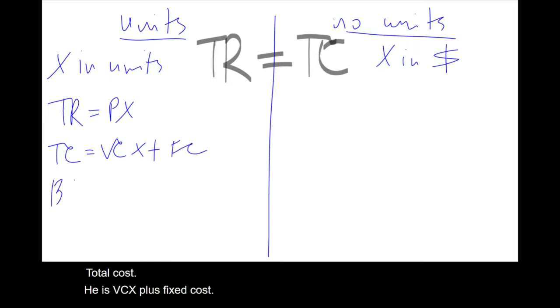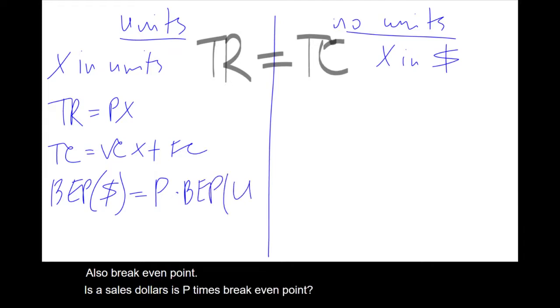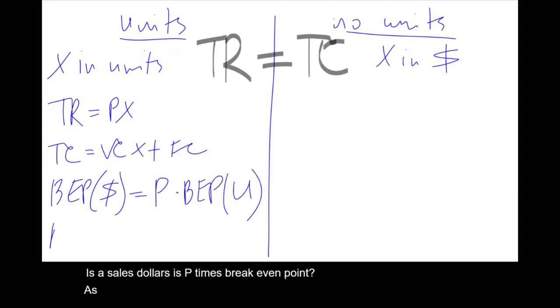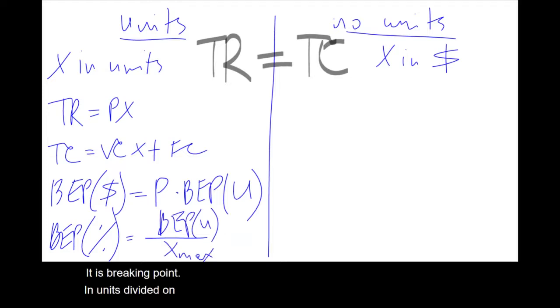Also, break-even point in sales dollars is P times break-even point in units, and break-even point as a percent of capacity is break-even point in units divided by X max.